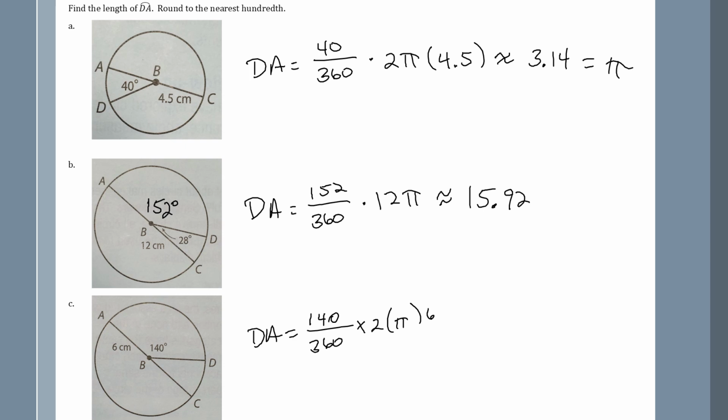So 140 divided by 360, and then we're going to multiply that by 2 times pi times 6. I got 14.66.